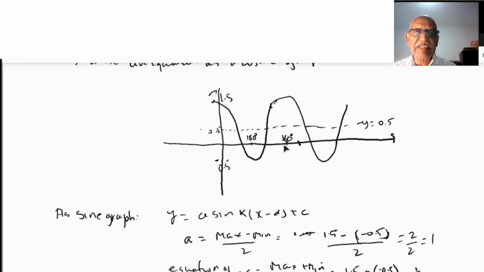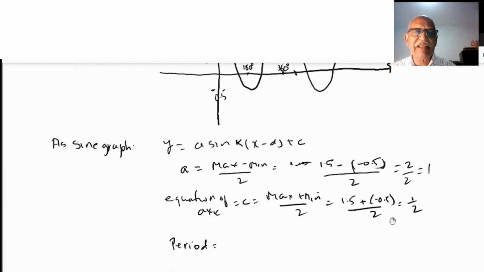So it will be 360 minus 0, the difference between two maximums. The period is always the values of x, 360 minus 0, which is in this case 360 degrees.